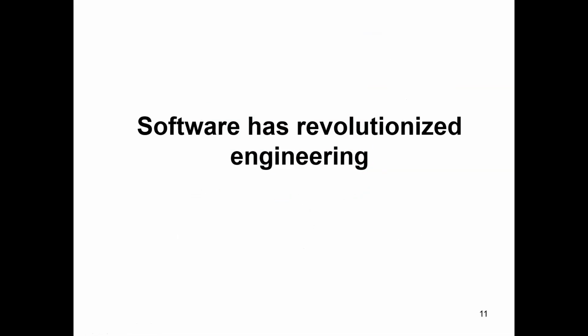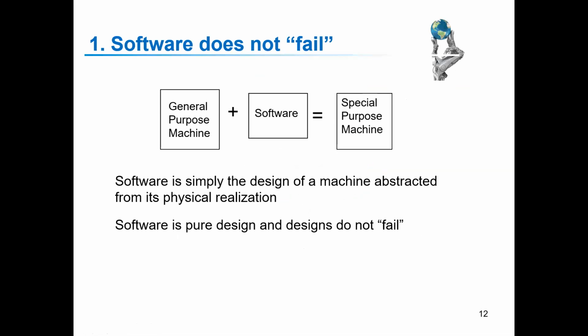Let's look a little more at software. Software has revolutionized engineering. Now there is software in everything, and it doesn't fail. Software is simply the design of a machine abstracted from its physical realization. We have a general purpose machine or computer. We add software and we get a special purpose machine. So if we add software that's designed as an autopilot, we get an autopilot.